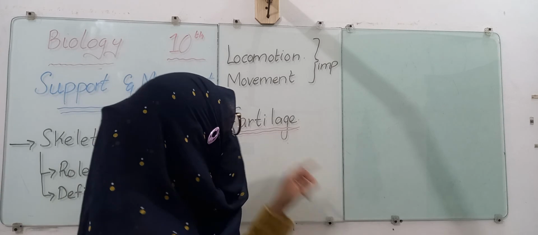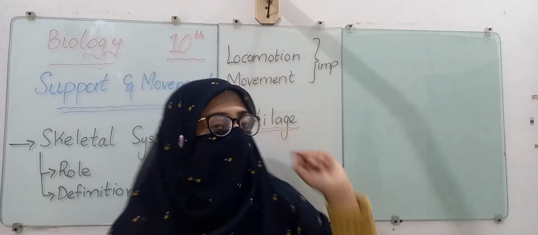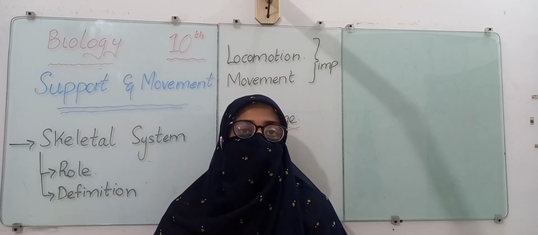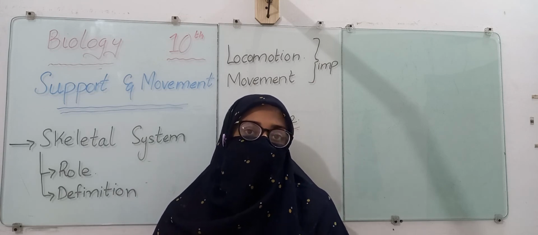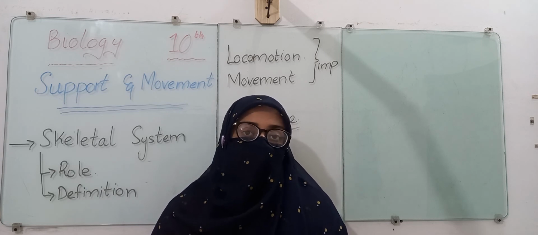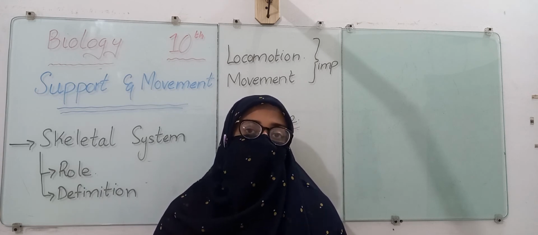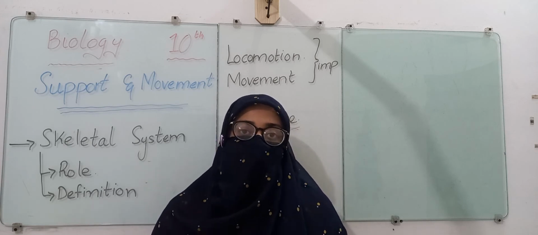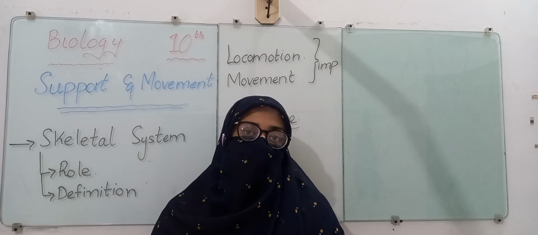On the other hand, the other word is locomotion. Locomotion means the movement or complete transfer of an organism from one place to another. If I or any other person or an animal moves from one place to another, this process is called locomotion.